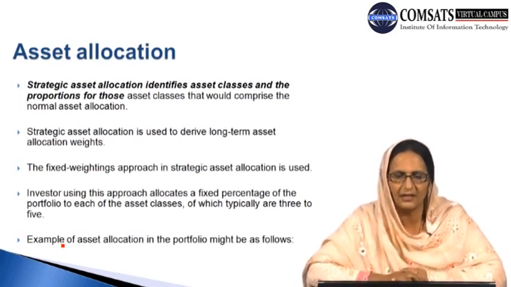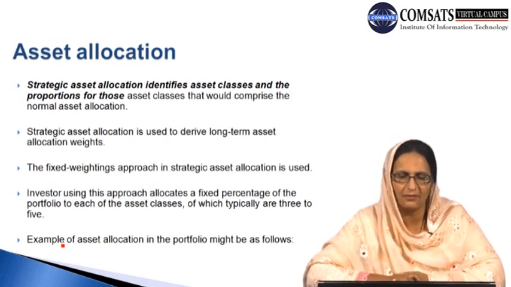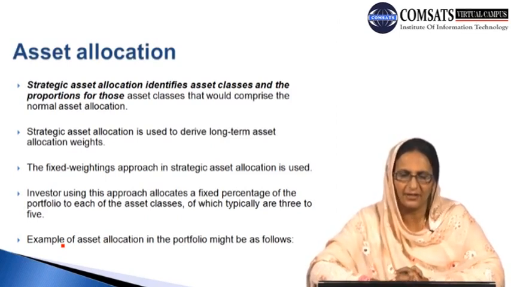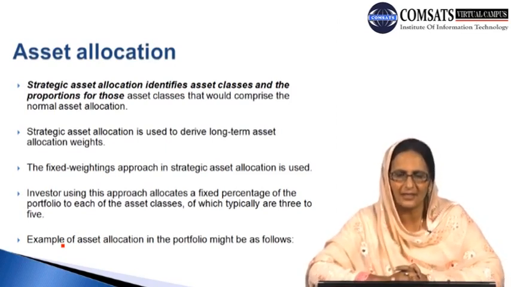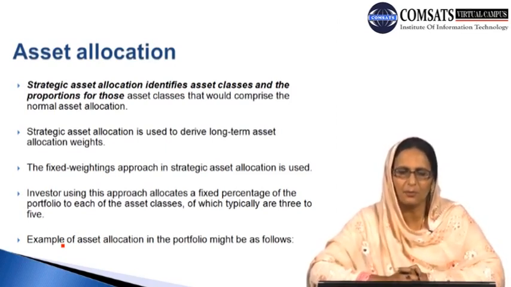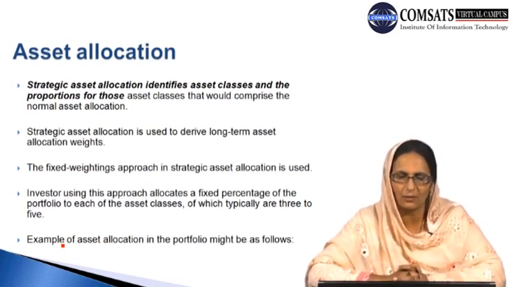Strategic asset allocation identifies asset classes and the properties for those asset classes that would comprise the normal asset allocation. Strategic asset allocation is used to derive long-term asset allocation weights, and the fixed weighting approach is used in it. We can say that strategic asset allocation basically focuses on asset classes and on the proportion of asset classes that would comprise normal asset allocation.